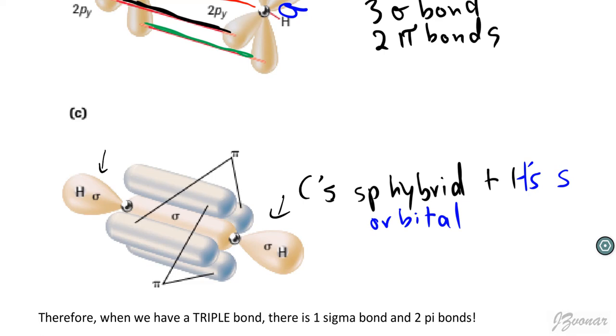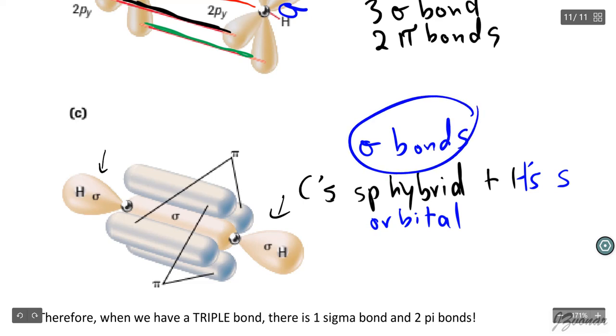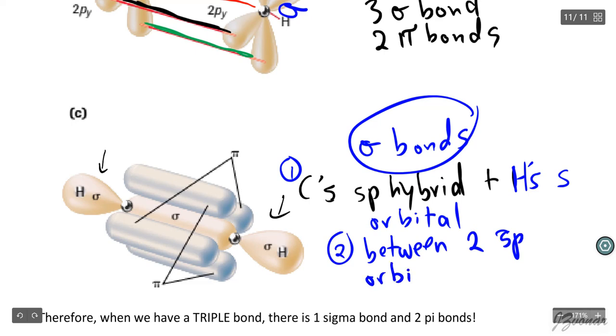And there's also the 2 sp, so these are my sigma bonds that form. So it's between the carbon's sp hybrid and hydrogen's s orbitals, and the second one is between 2 sp orbitals of the carbon atoms.